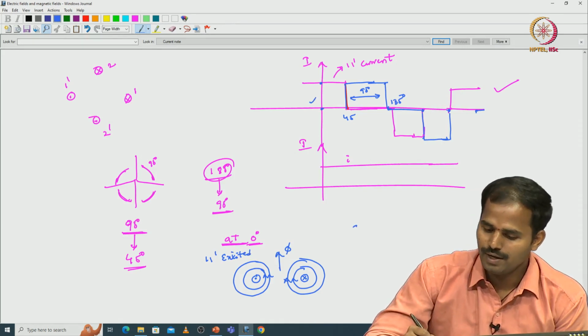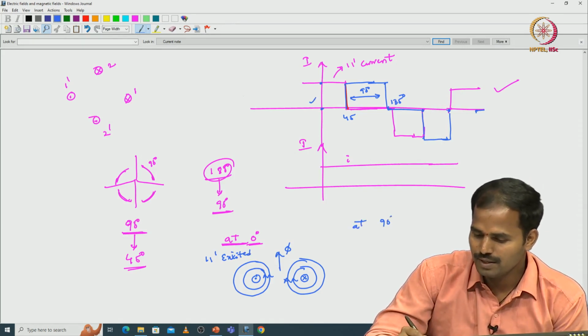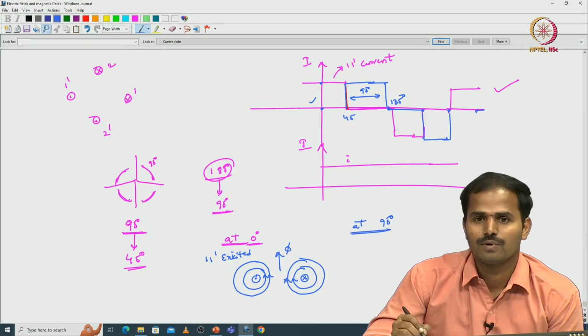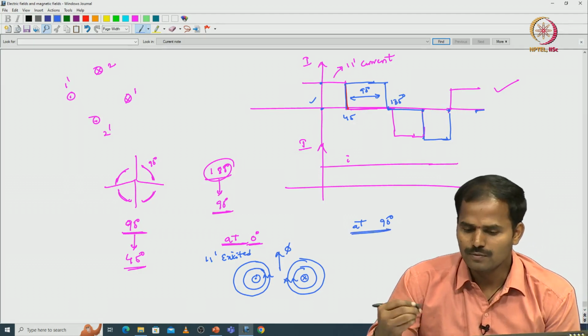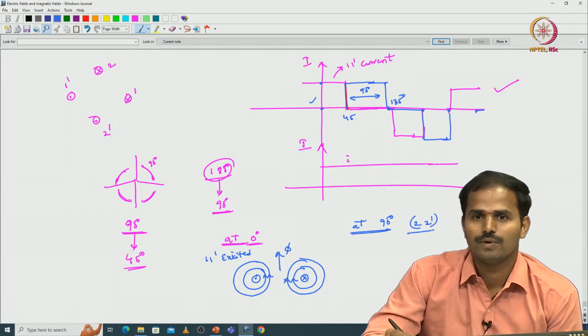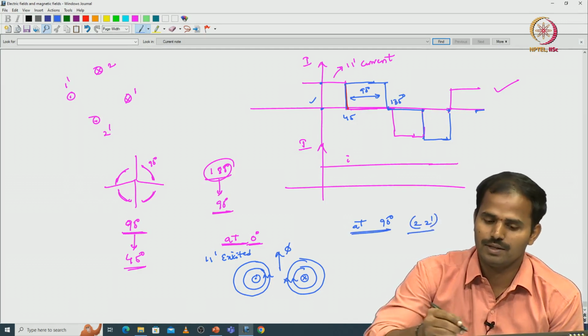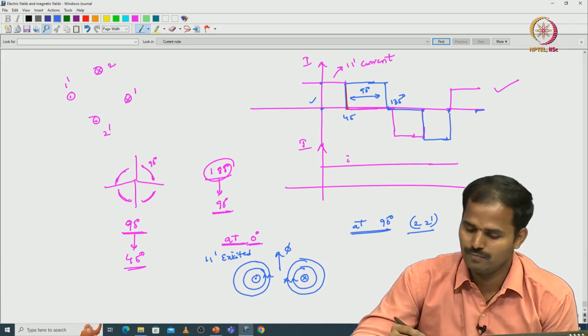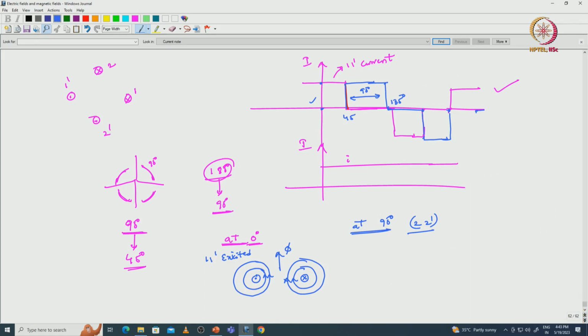Okay. And at 90 degrees what are we doing? We are exciting the 2 dash conductor or 2 dash coil and we are removing the current in the 1 dash coil. Then what will happen? This also rotated 90 degrees, right? The conductors also will rotate, and now at this position 2 dash are there.